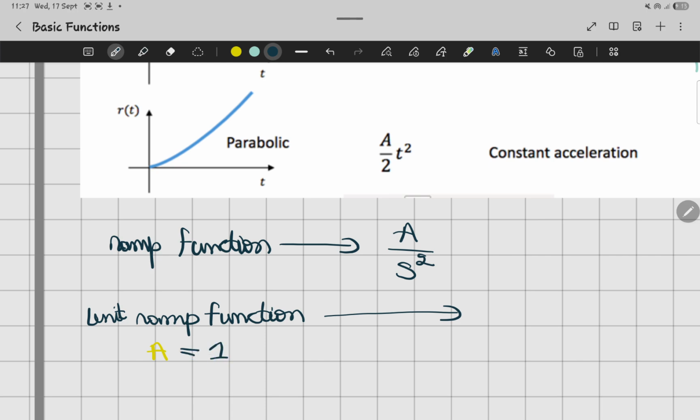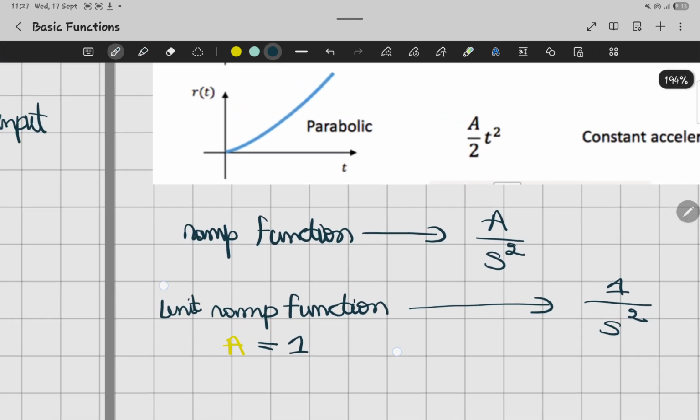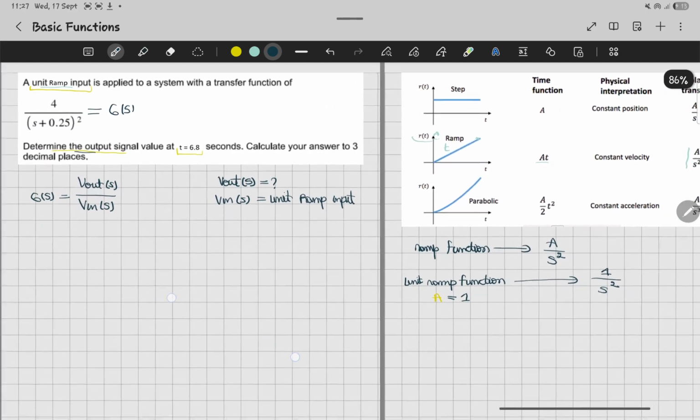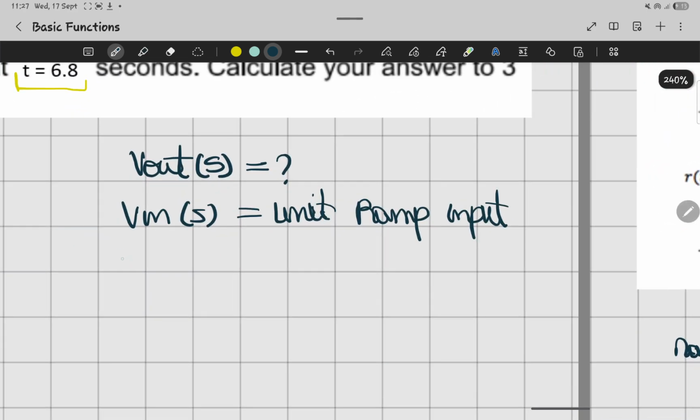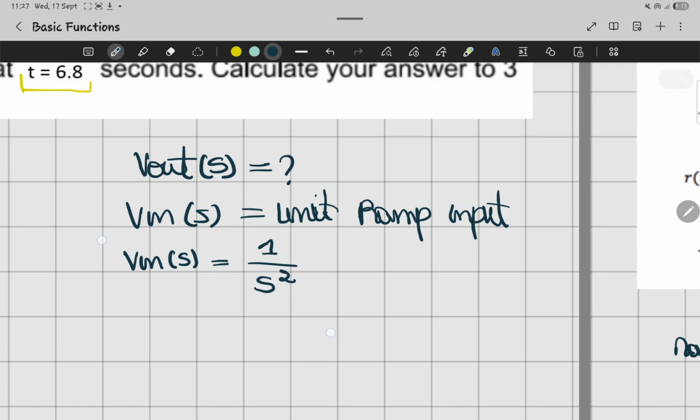That is what we call unit. So you're going to have 1 over s squared for the unit ramp function. Meaning V in of s will be equal to 1 over s squared.